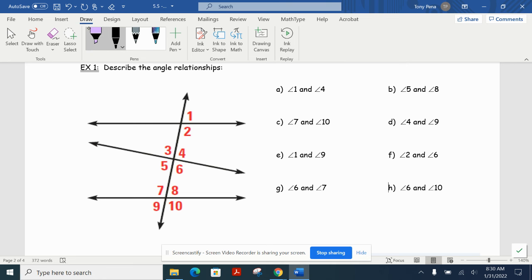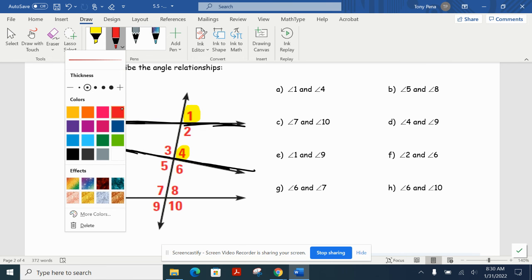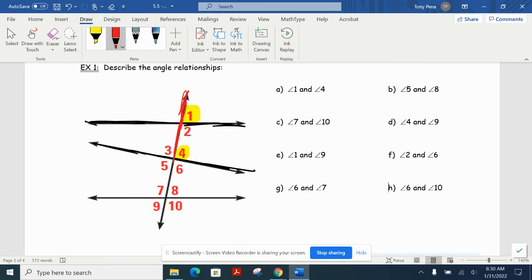So if I found angle 1, here is angle 1 right here, and then angle 4 right here. We're really just worried about this line and this line getting cut by this transversal.